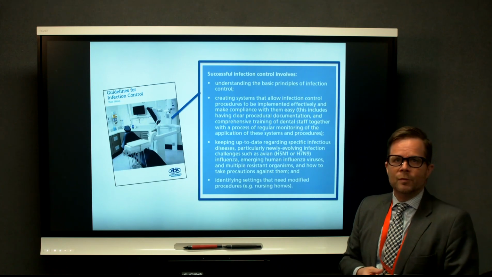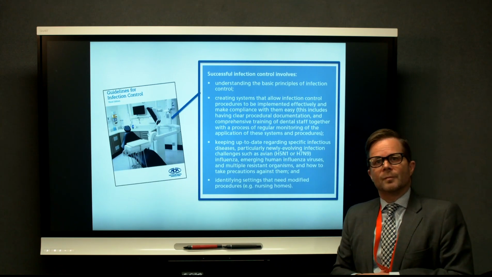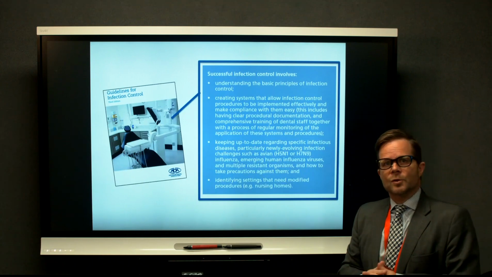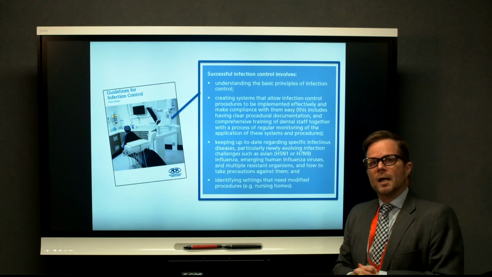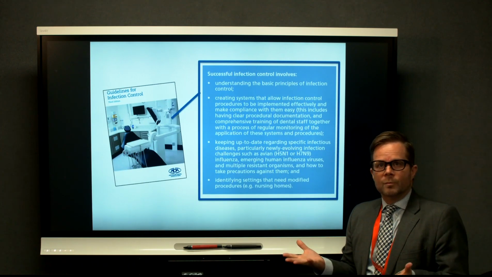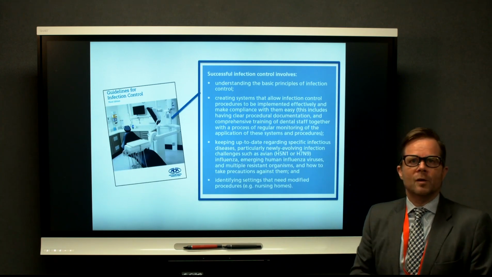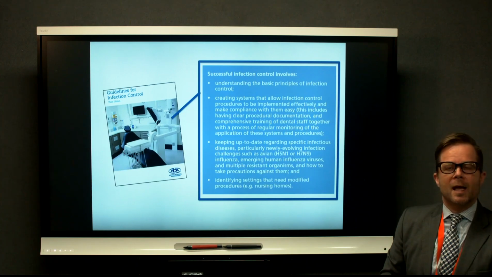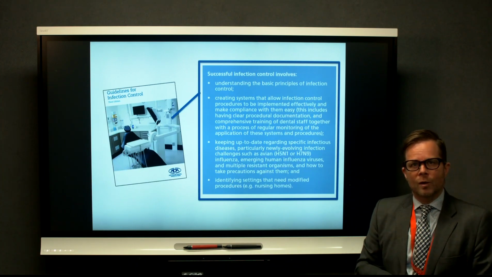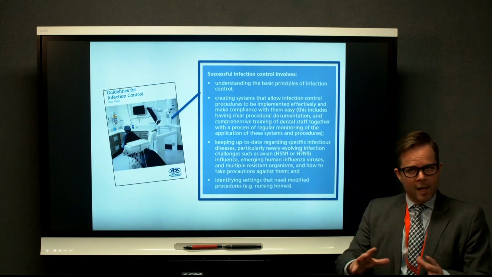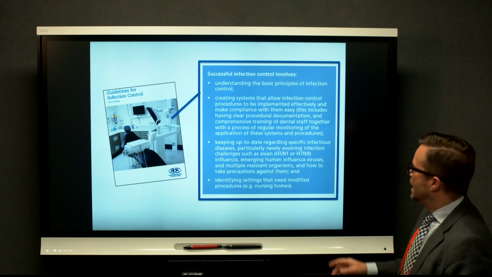So for example, bird flu, SARS, those sorts of infections will emerge in the future. So we need to keep abreast of those infections and ensure that our infection control and prevention procedures are managing those as well.